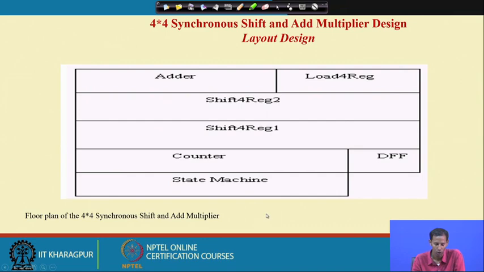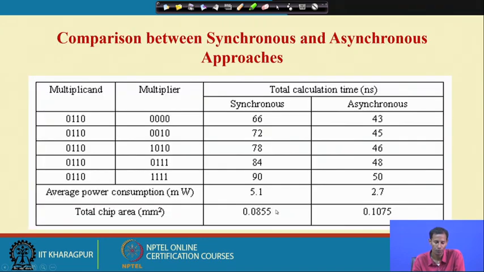And then, what I said is that I have two types of multiplication, synchronous and asynchronous. The computation time requirement in synchronous is higher, as everything happens clockwise, so I have to wait for more time. I have not discussed the asynchronous circuit here.